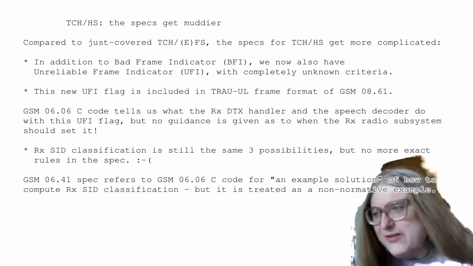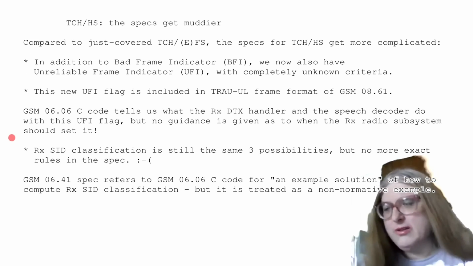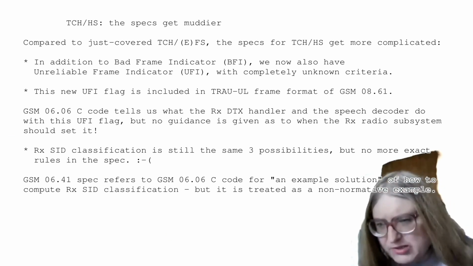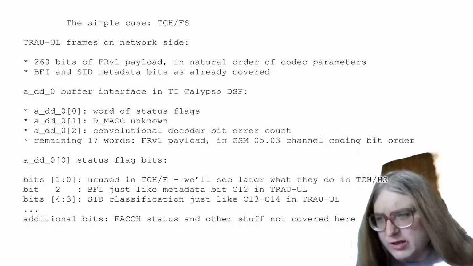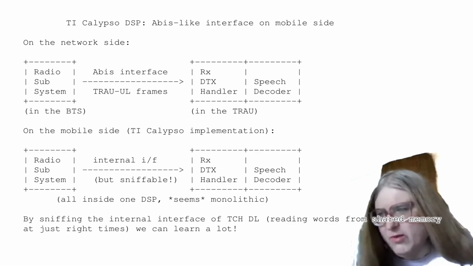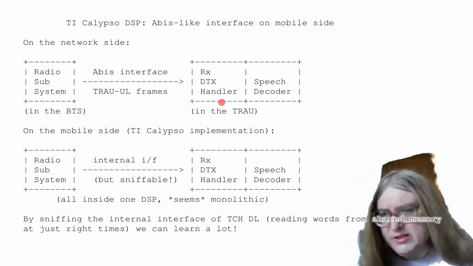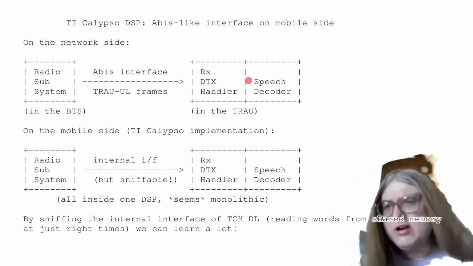So with this UFI flag, we know what's supposed to happen. I'll just go back a few slides. So I have this block diagram. In this block diagram, when we add the UFI flag, the one that only exists in half rate, we know what happens on this side, the RxTX handler and speech decoder, because this is prescribed in the specs.